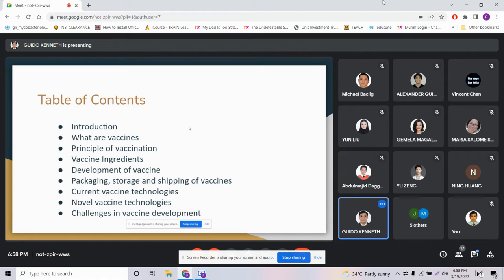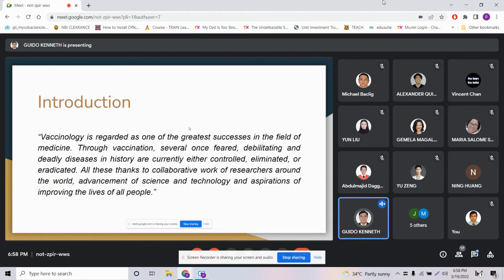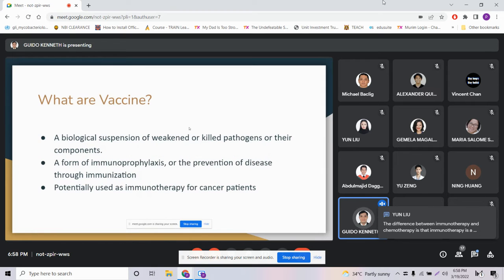Vaccinology is regarded as one of the greatest successes in the field of medicine. Through vaccination, several once feared, debilitating, and deadly diseases in history are currently either controlled, eliminated, or eradicated. All this is thanks to the collaborative work of researchers around the world, advancement of science and technology, and the aspiration of improving the lives of all people. So, what are vaccines?